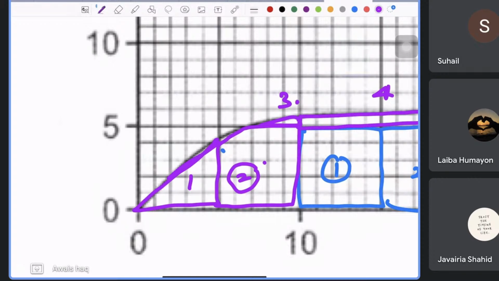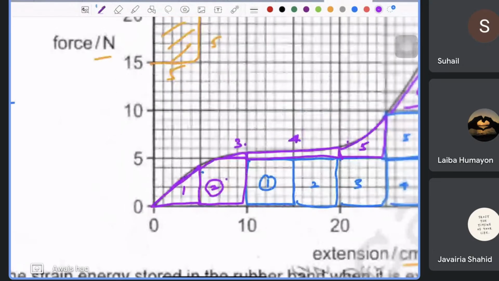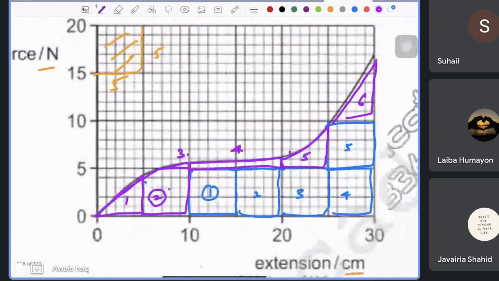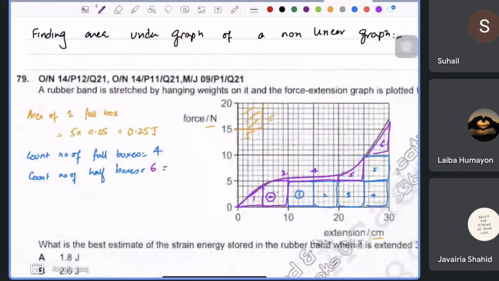Do you guys understand this? Yes, sir. Similarly, 5 and 4 can combine and 1 and 6 can combine. So when you combine them, they're going to make almost one full box. So I'm going to say that there are 6 half boxes which are equivalent to 3 full.